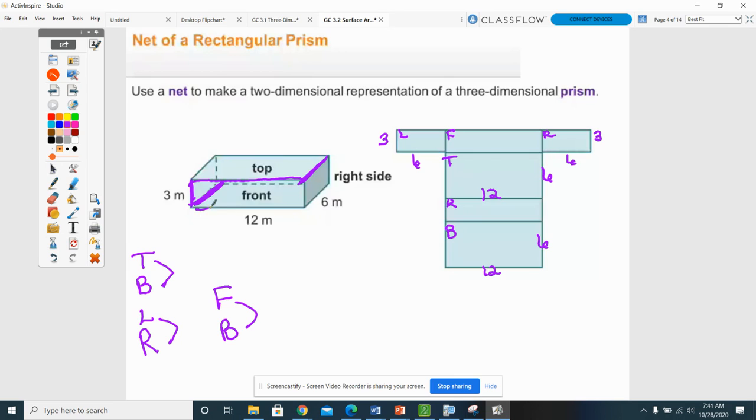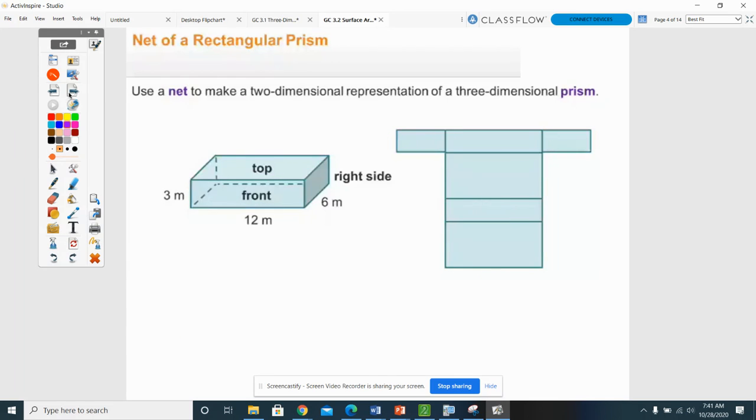In the front here, there's a 12 and there's a 3. Well, we already know that all of these are going to be 12. And this will be 3, this will be 12, and this will be 3. And then you can find the area of all the pieces and add them together to figure out what the surface area is. But on this one, we're just figuring out how to unfold it.